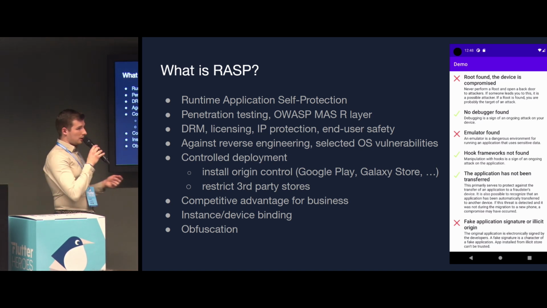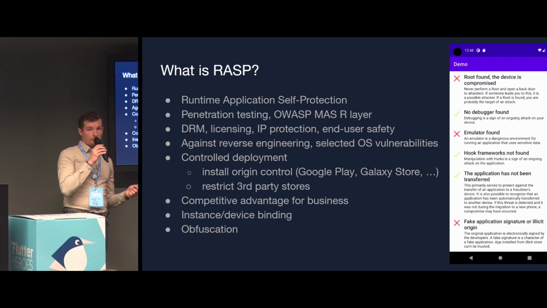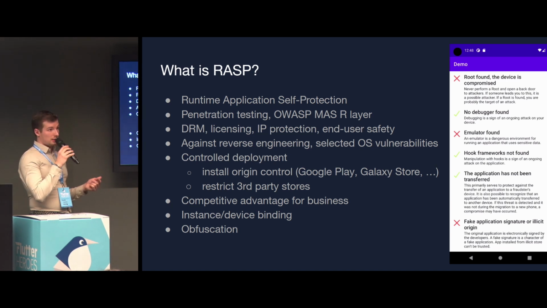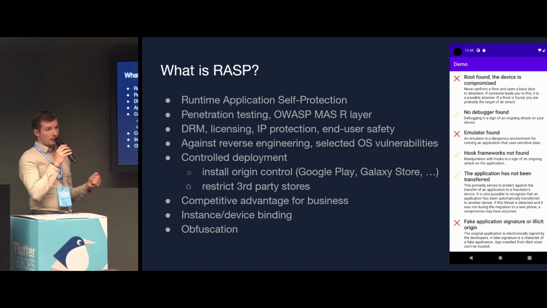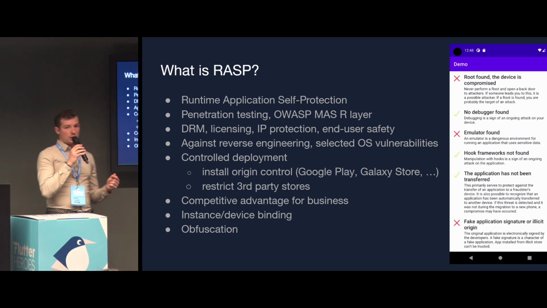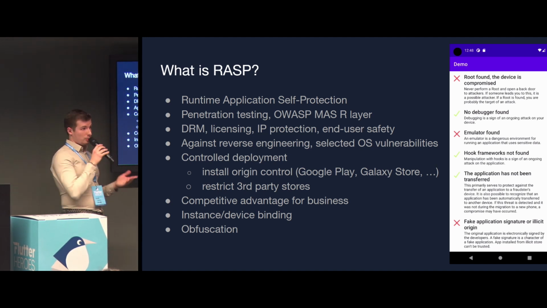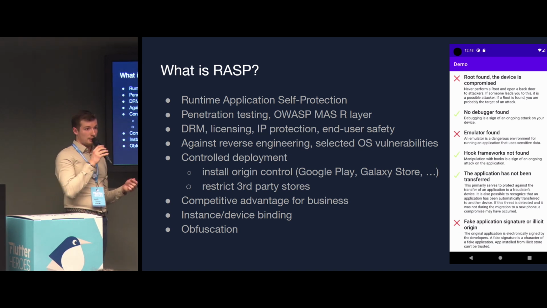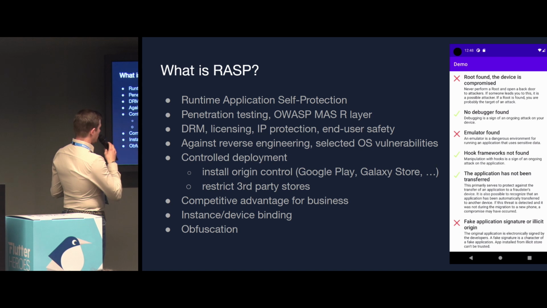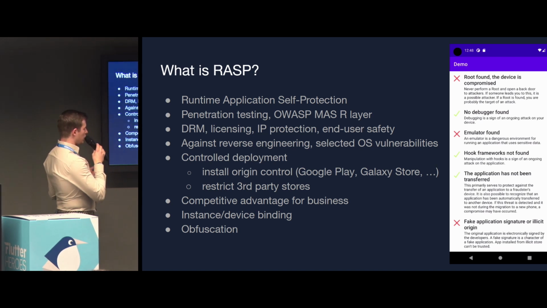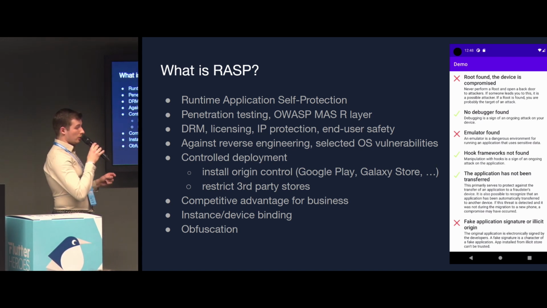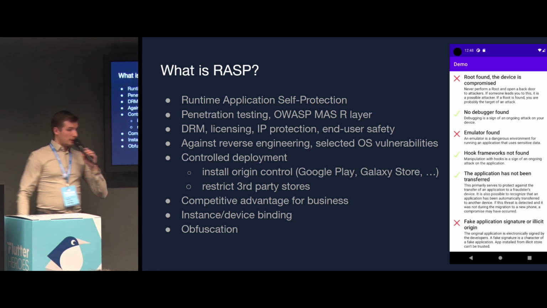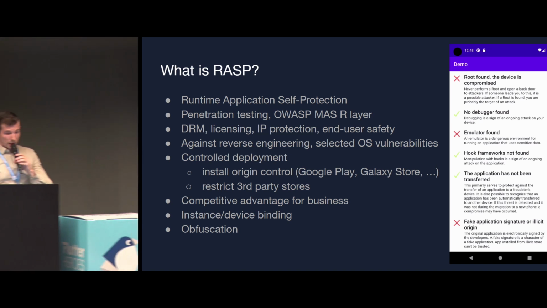It's exactly the resiliency category, which requires you to check for these areas if you need your application to be resilient against attacks. It's also used for some IP protection, and there are other connected technologies like obfuscation and licensing. So how does this RASP look, and why am I talking about RASP at a Flutter conference, right?